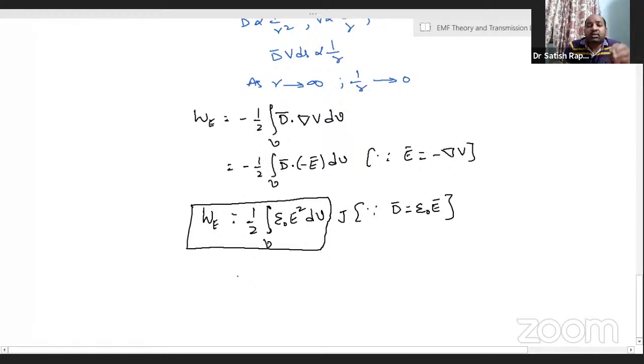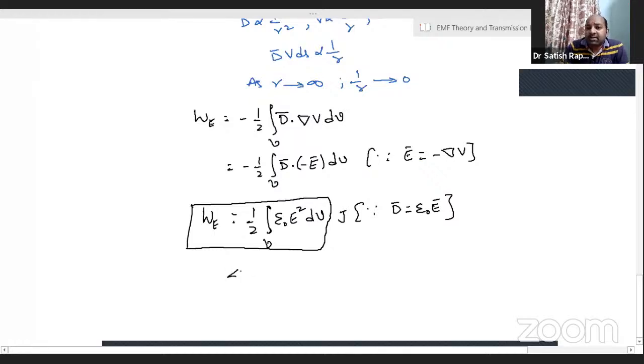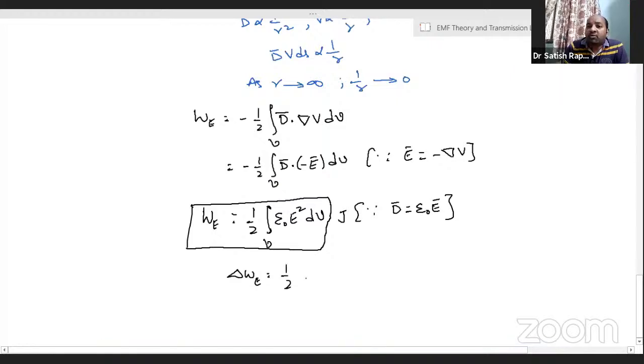As we know that the field is uniformly distributed, epsilon naught E square can be taken outside. In other words, delta We is equal to half epsilon naught E square delta v.